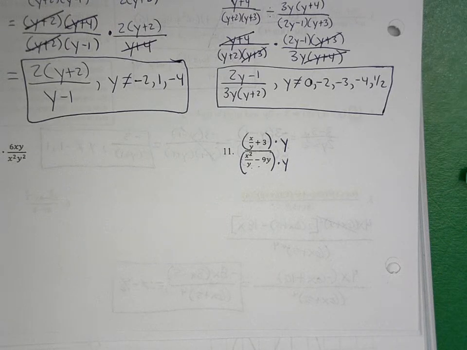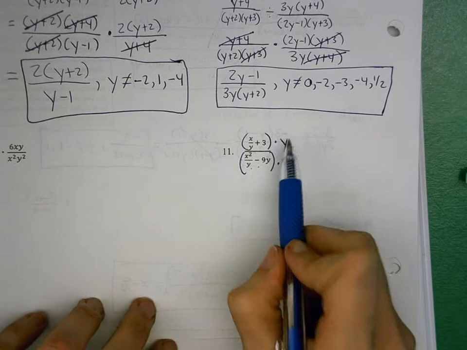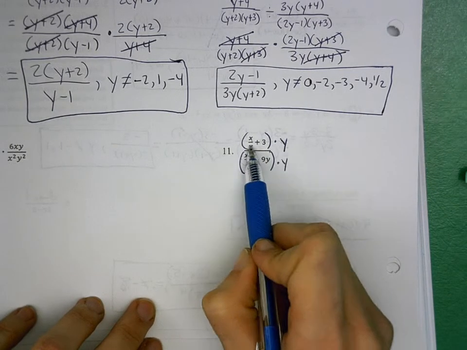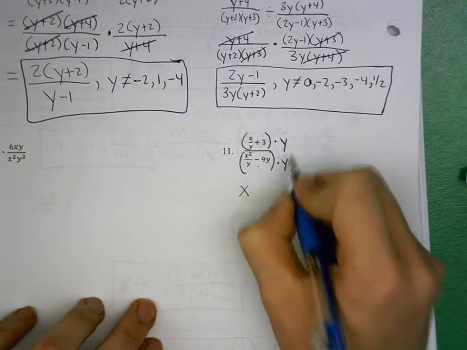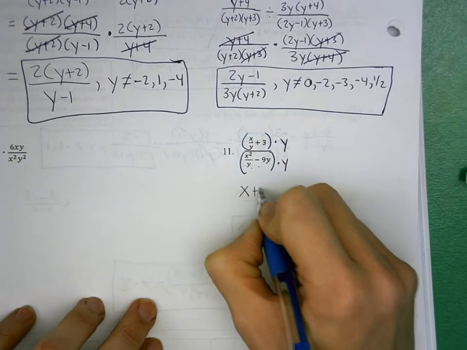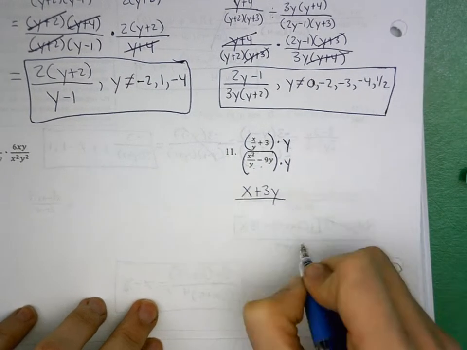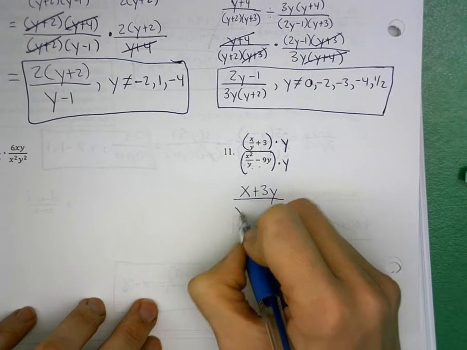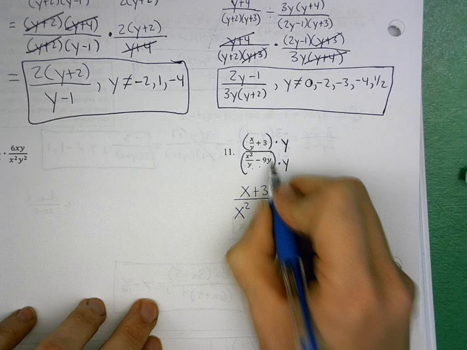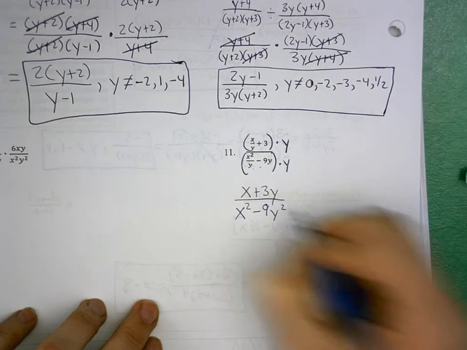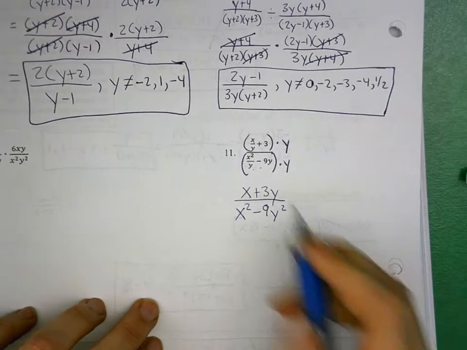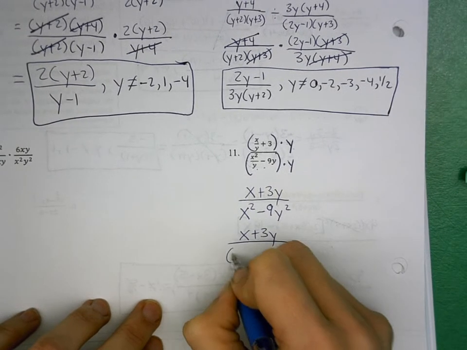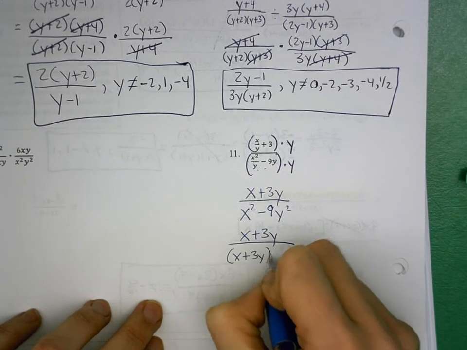Okay? So, distributing this y in, the y's would cancel, leaving me with x, and then distributing the y in, we'd have 3y. In the bottom here, distributing the y in, the y's would cancel, leaving me with x squared, and distributing the y, minus 9y squared, which is a difference of two squares. We have x plus 3y over x plus 3y times x minus 3y.